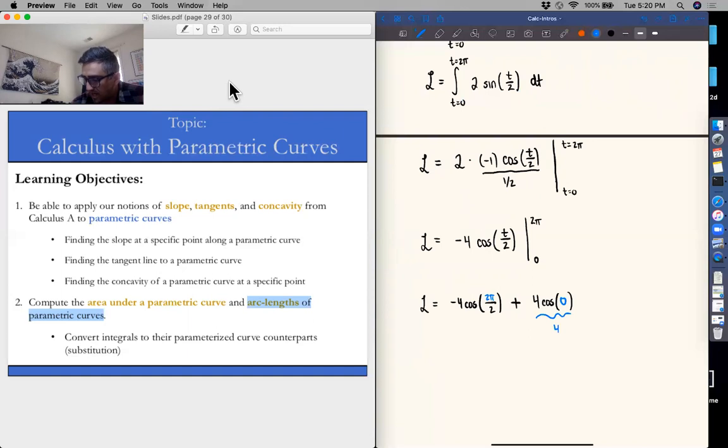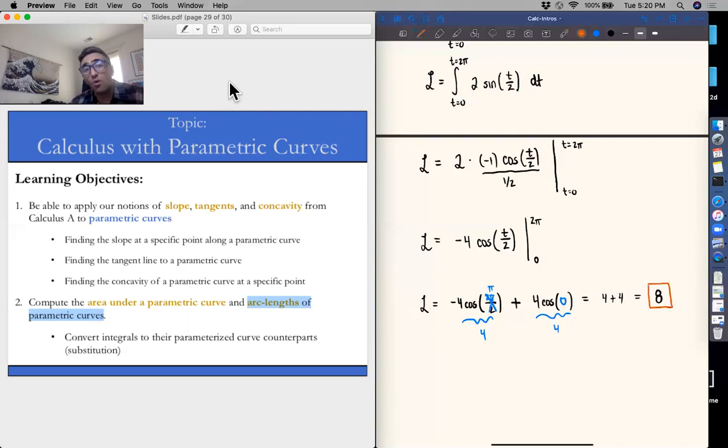In this first term, the 2's cancel out, and we get a cosine of pi, which is negative 1. So we have a negative 1 times negative 4, which gives us a 4 as well. So the length of this curve is equal to 4 plus 4, or 8. So that is the length of one arc along this particular cycloid.